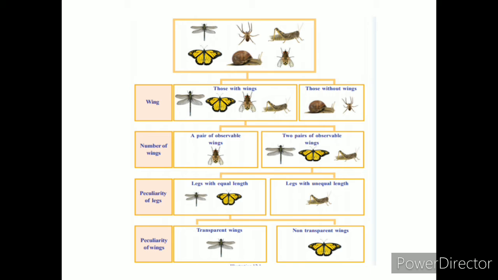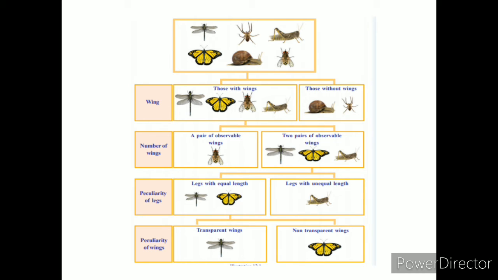This classification helps you identify the typical features of each organism. So the study of organisms will be easy if they can be classified according to suitable criteria.